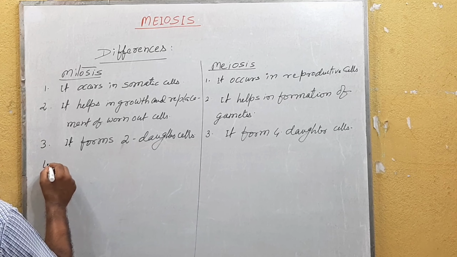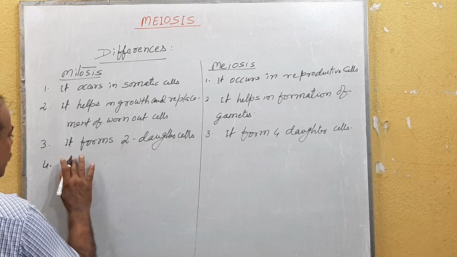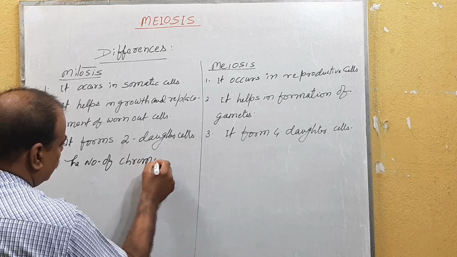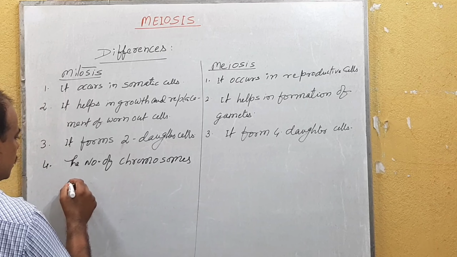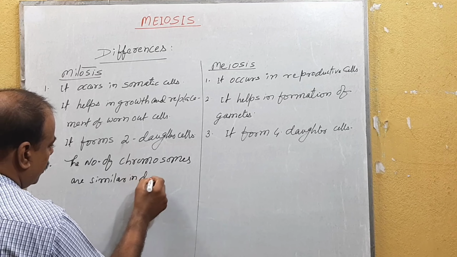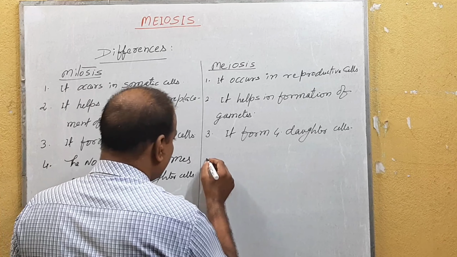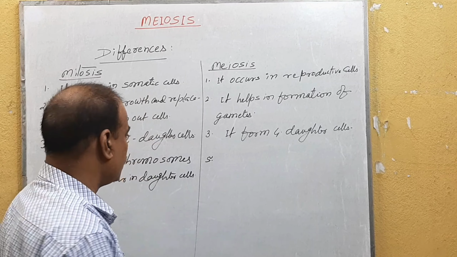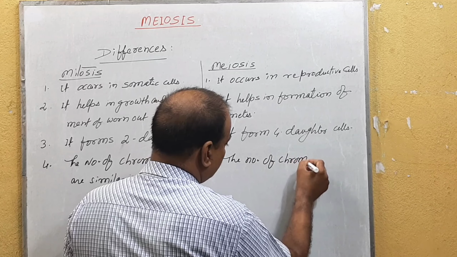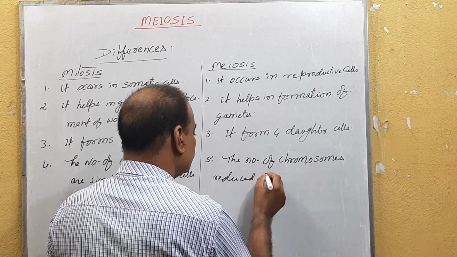Number 4, in mitosis the number of chromosomes are similar in daughter cells, whereas in the daughter cells formed during meiosis cell division, the number of chromosomes is reduced to half.